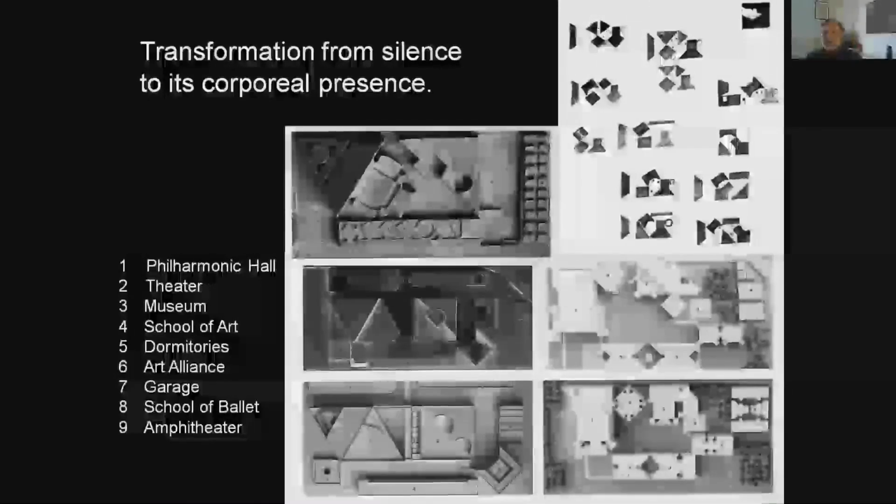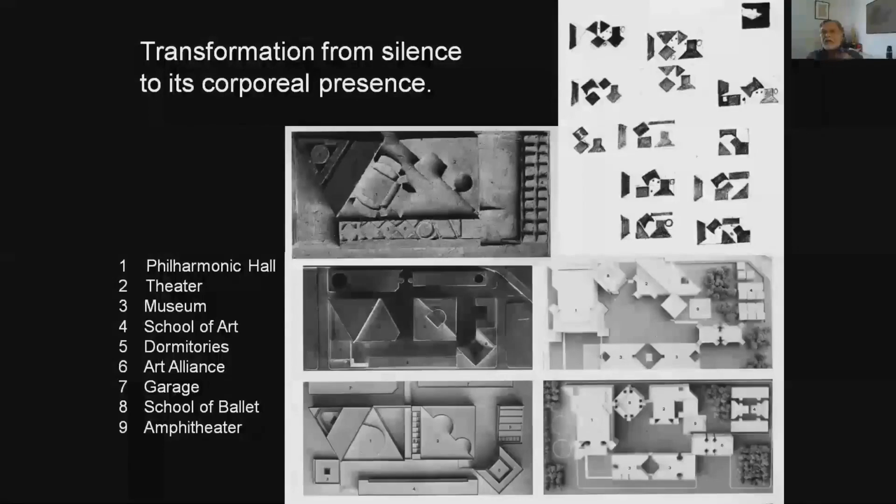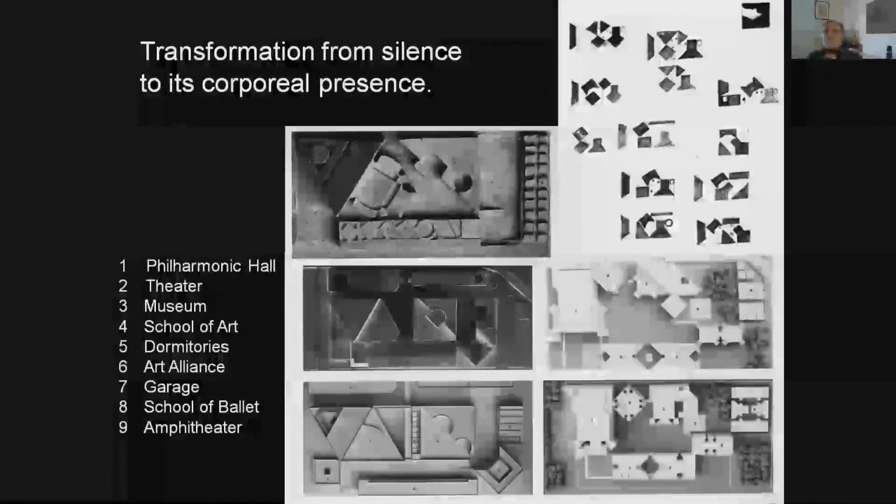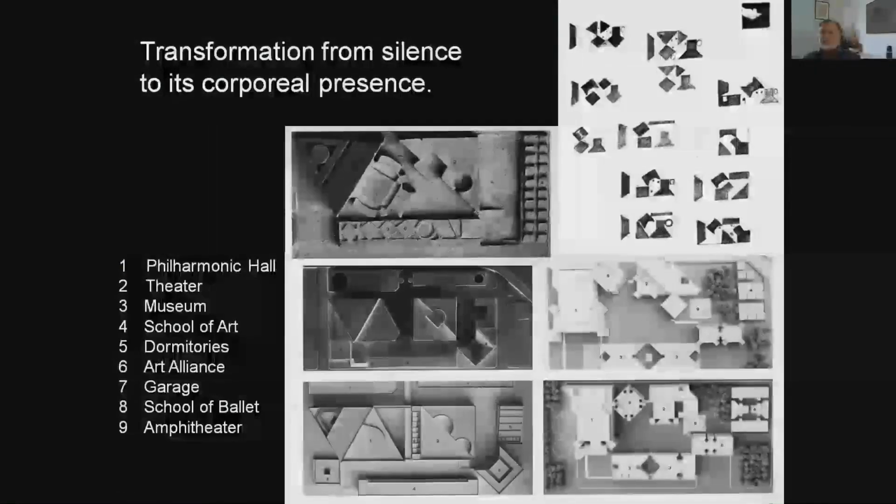Now, Kahn went through this process of touching his silence, his inner self, and his medium for doing so were the sketches, which you see on the upper right side here. He actually undertook the process of working out through drawings, through sketches, which is his medium.